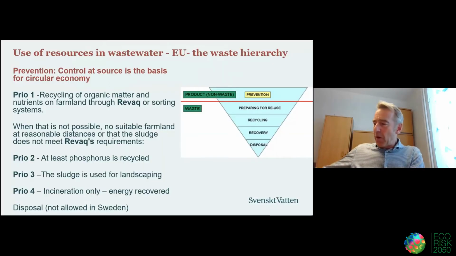So going back to Sweden, and how we have tried to work with the use of resources in wastewater when looking into carbon and nutrients. We have used the EU waste hierarchy, where at the highest level we have the prevention of contaminants and control of sources. That is always the basis for a circular economy.